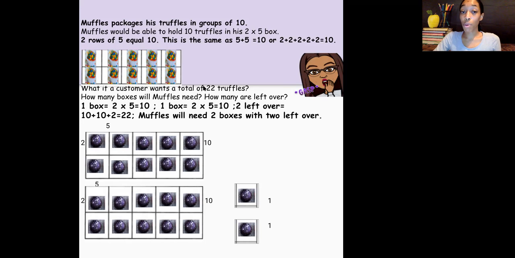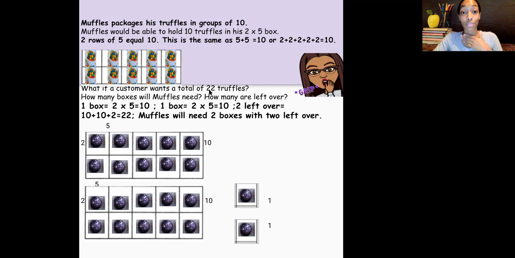What if a customer wants a total of 22 truffles? How many boxes will Muffles need? How many are left over? I know that one of his boxes, which has 2 rows of 5, equals 10. That's one group of 10. So I know that one box, my 2 by 5 box, is going to give me 10. I need to get to 22.